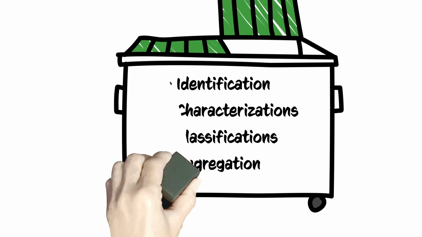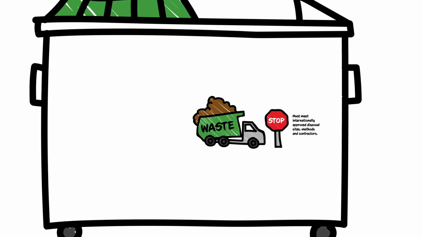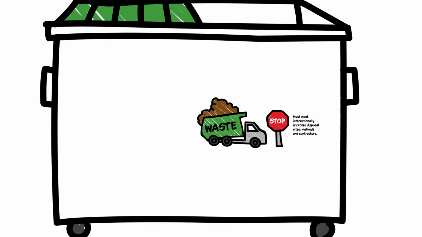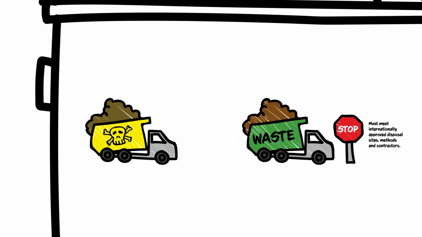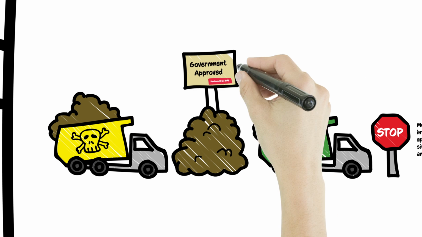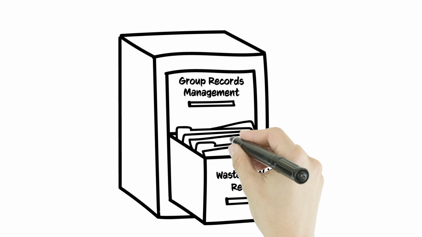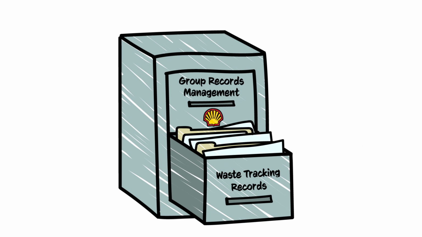And remember, in order to transport and dispose of waste, you must meet internationally recognized standards and government-approved disposal sites, methods, and contractors. Also, hazardous waste must be segregated from other waste and disposed in government-approved facilities that have been reviewed by a subject matter expert. And finally, you must keep retail waste tracking records for local regulations and for group records management.